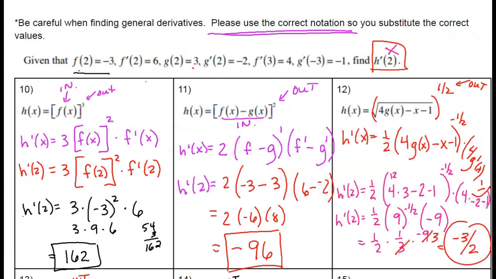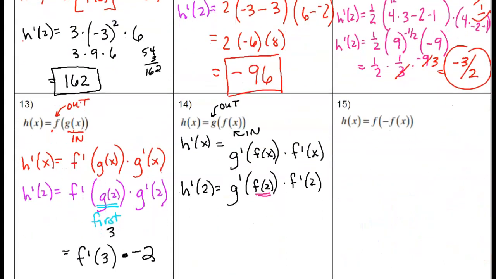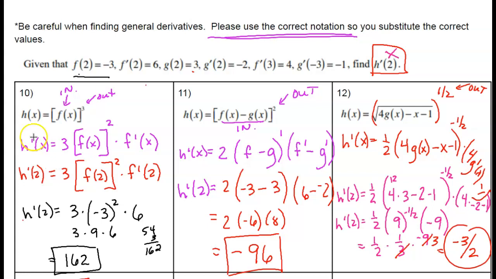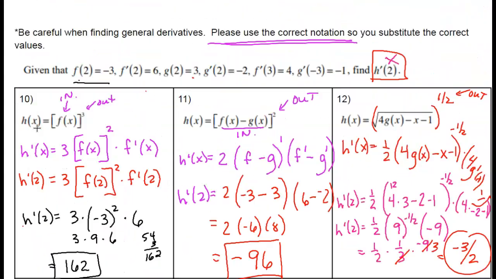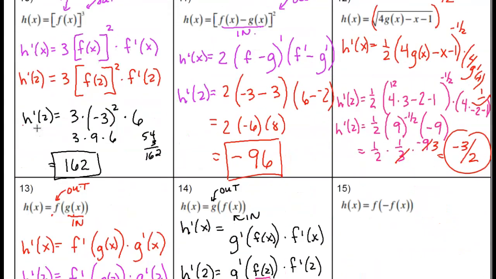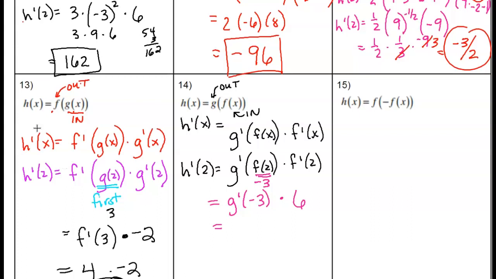So f of 2 is negative 3. So this is really g prime of negative 3. f prime of 2 is 6. So g prime of negative 3 is negative 1 times 6.